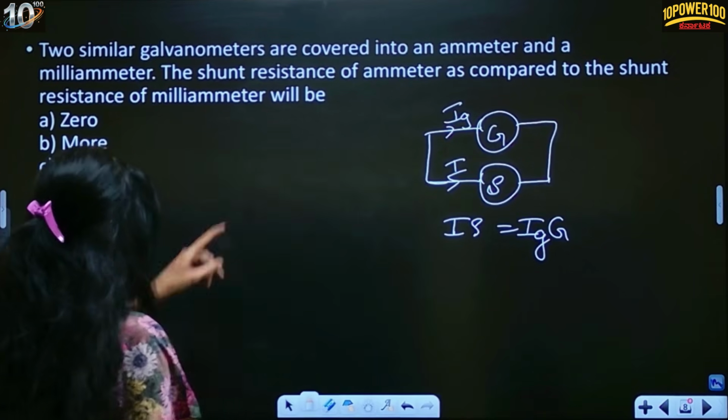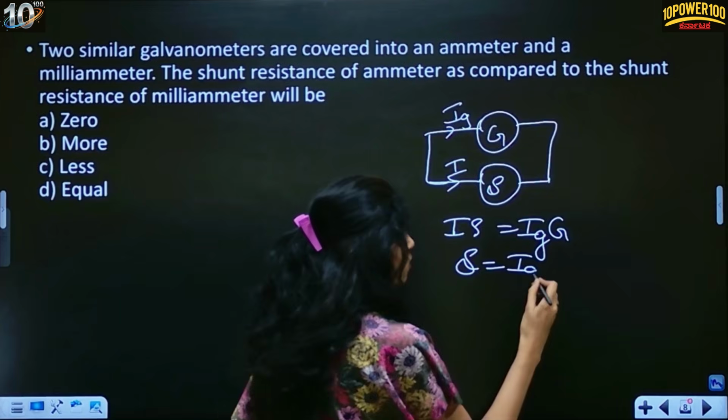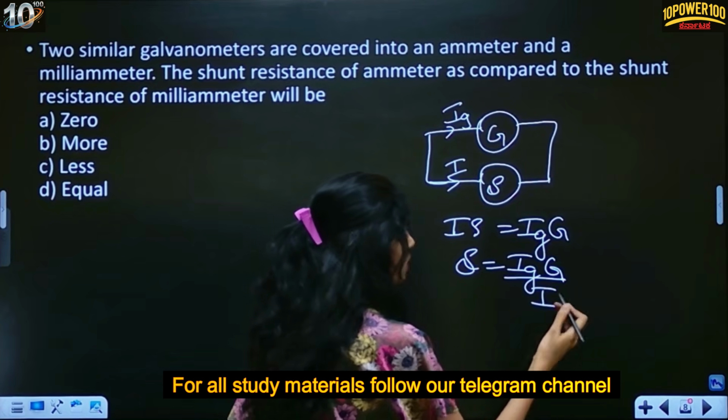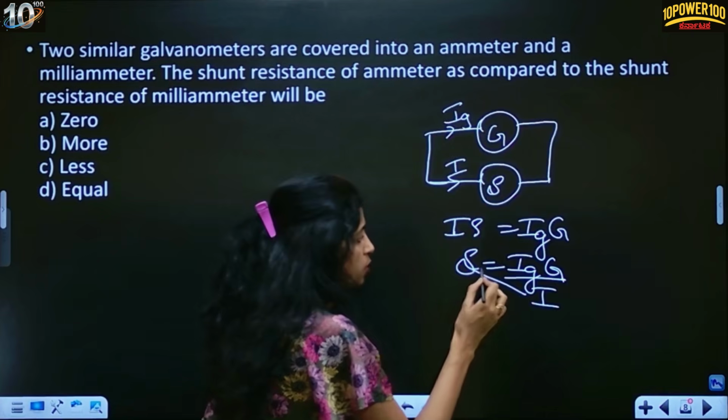They're asking for the shunt resistance. So shunt equals Ig into G by I. If you directly know the formula, that's fine. From this formula, shunt is inversely proportional to current.